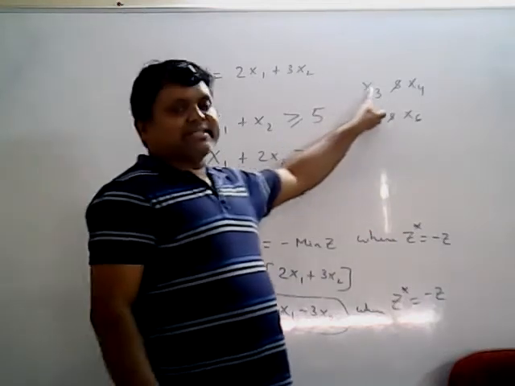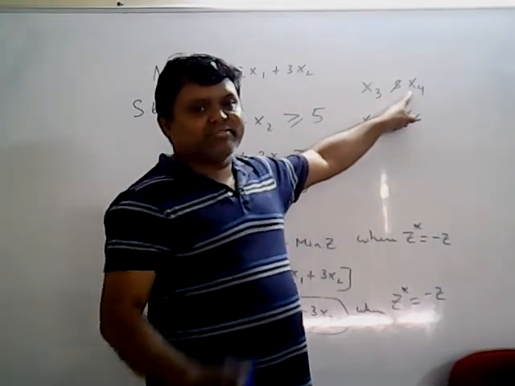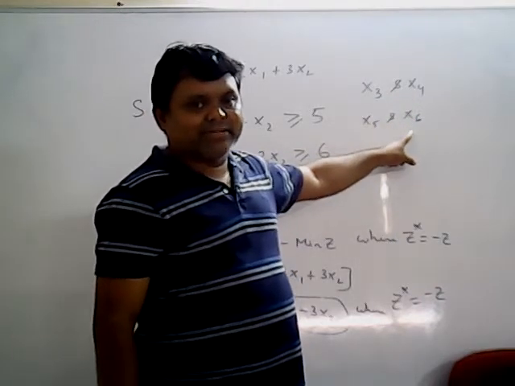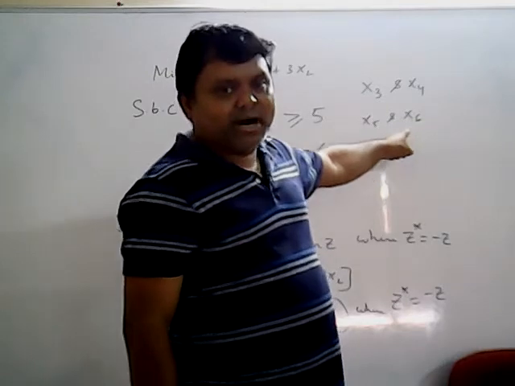x3 and x4 are the surplus variables. Surplus variables should be subtracted, remember. And x5, x6 are the artificial variables. Artificial variables are always added.